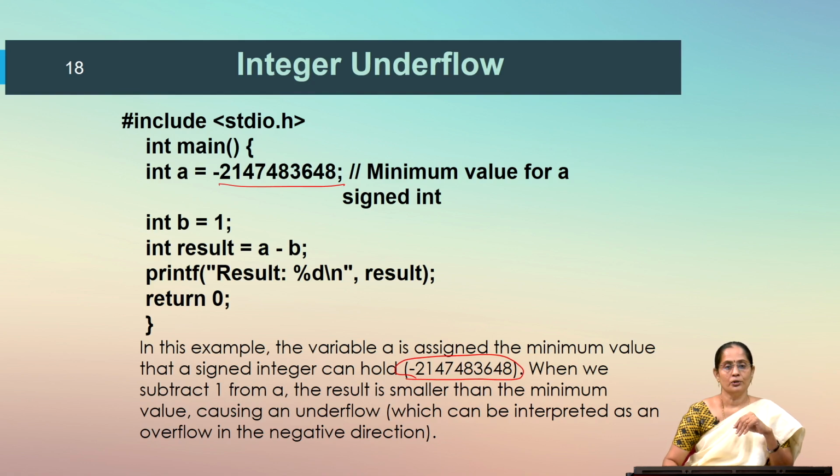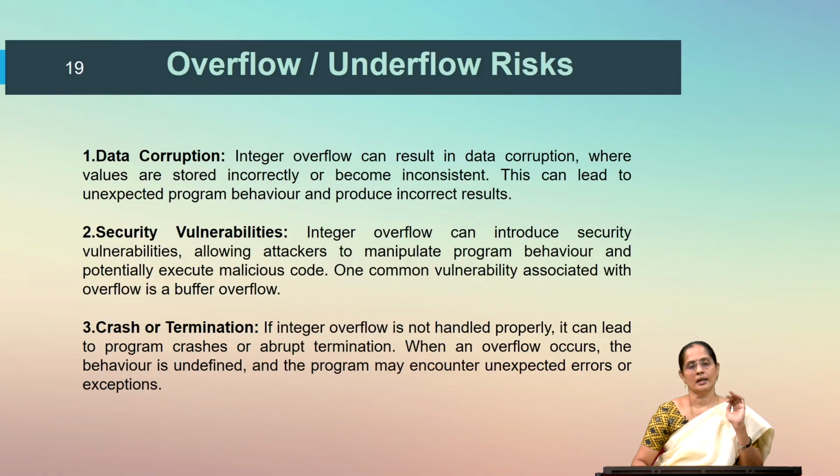So, what is going to be the impact of these overflow and underflow situations? We will be encountering three major problems. The first will be data corruption, in the sense that the output we are expecting will not be the actual one we get out of the program, because somewhere in the loop or in the integer assignments, the value of the variables gets altered because of these overflow or underflow situations.